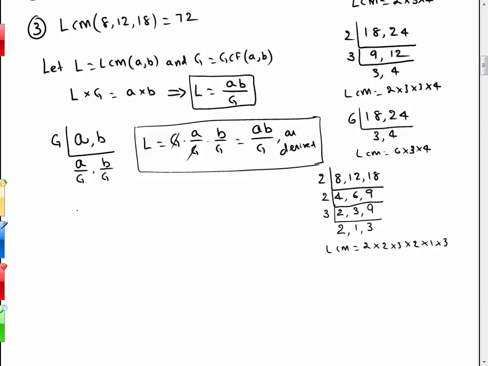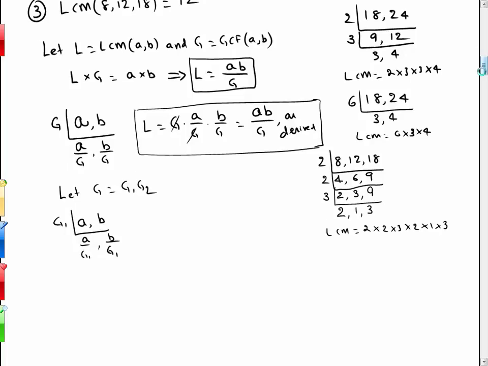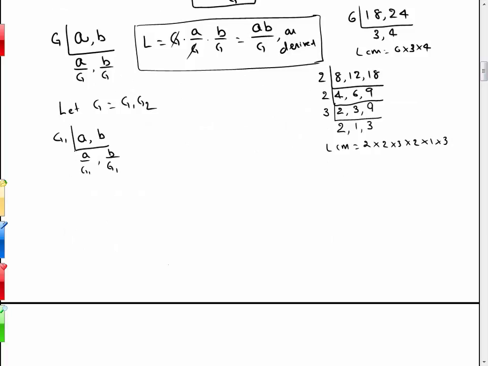Now, what if you don't divide by the greatest common factor? Let's say it turns out the greatest common factor itself can be factored as G1, G2. Okay? Now, in our process, if we say A, B, G1 goes into both A and B. Right? So A over G1, B over G1. Now, these are not relatively prime.